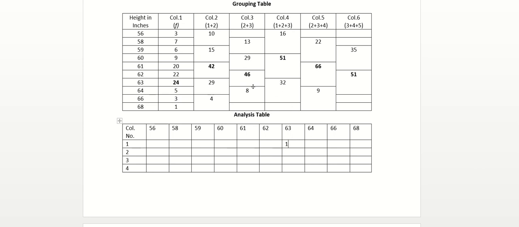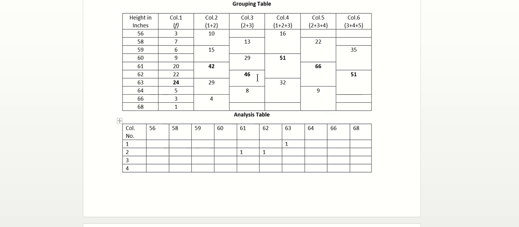Now in the second column the highest value is 42. This 42 is the sum of 20 and 22, which corresponds to 61 and 62. So here in row 2 I will mark 61 and 62.